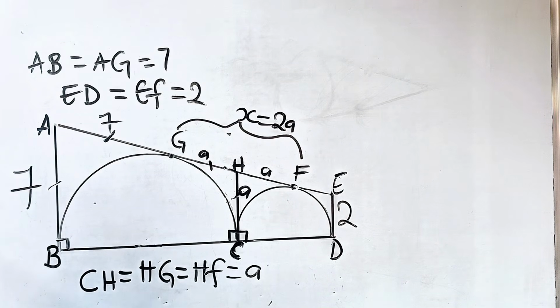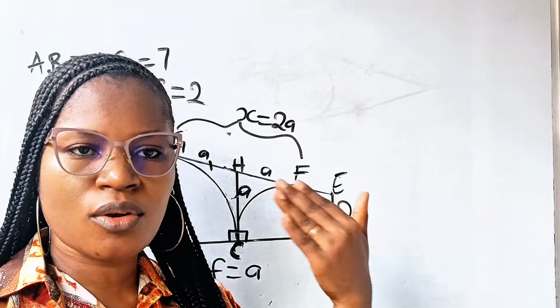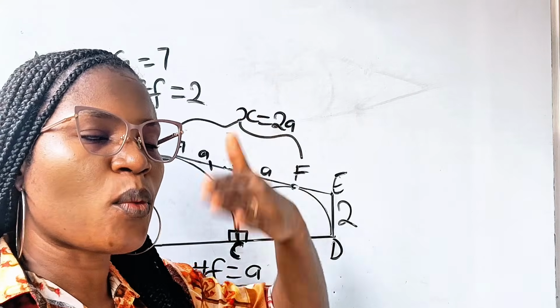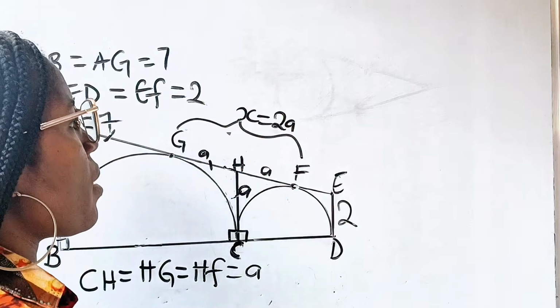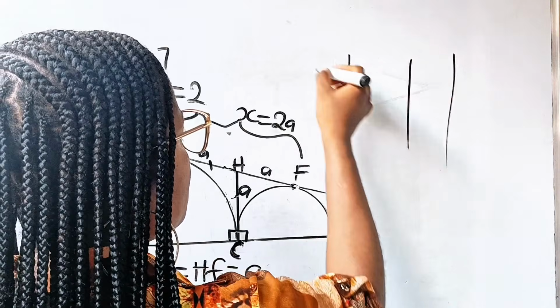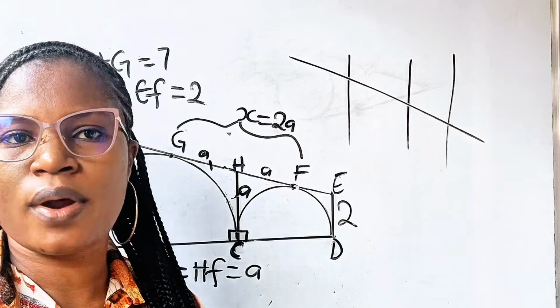Now, let us note. Remember that when a transversal crosses parallel lines, for example, these lines are parallel and a transversal crosses them, all the corresponding angles are equal, right?